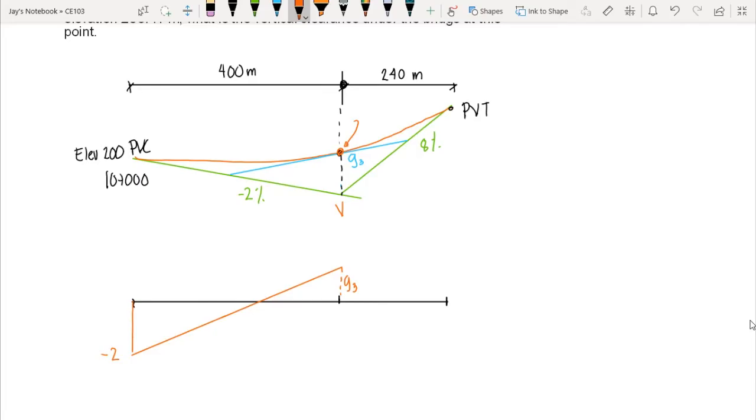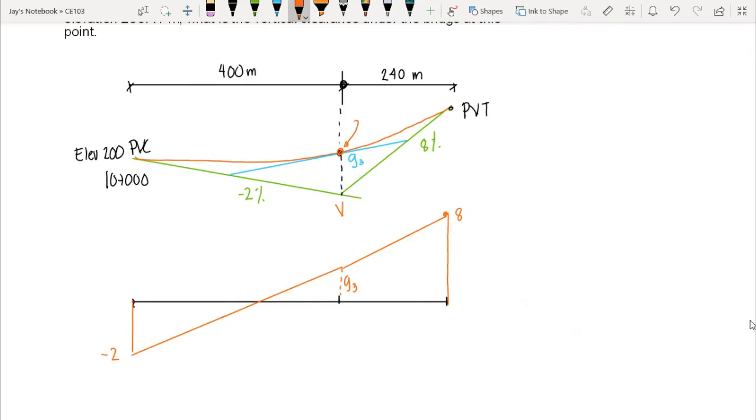At PVT, we already have the slope, which is 8%. That is the slope of the tangent line intersecting the point PVT, so we have a coordinate on the positive y-axis, 8%. So we connect, and this is our grade diagram.